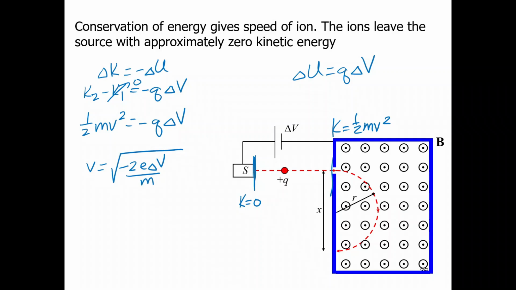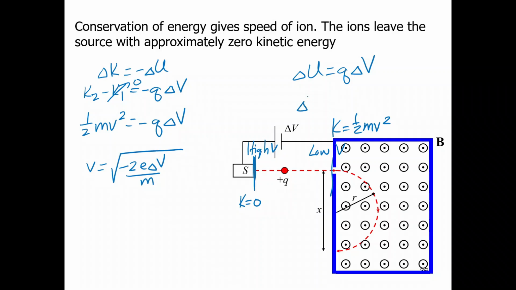Now, this looks a little weird because we have a negative charge in there. That negative charge is going to make sense when we plug in our potential difference, because we are going from high potential to low potential.